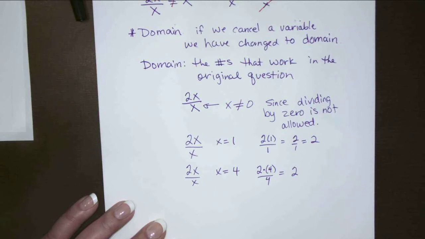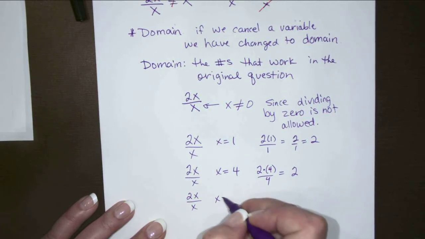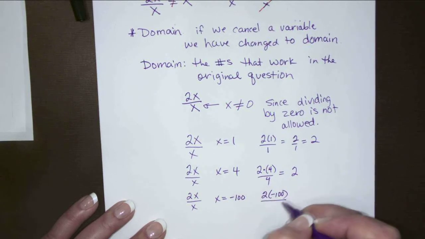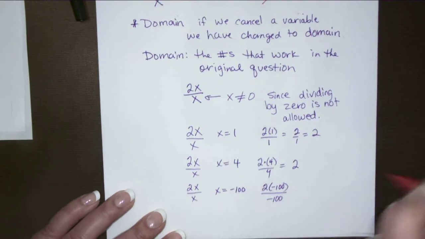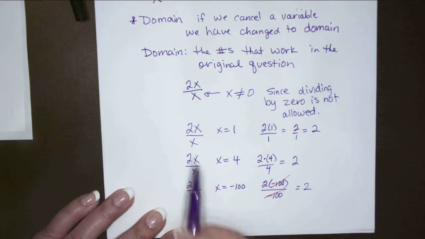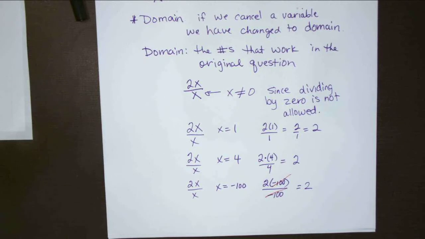No matter what number I plug in, if I plugged in x as negative 100, I get 2 times negative 100 over negative 100. The negative 100s cancel, and I still get 2. So the answer to this is 2 for every x that we can plug in, except 0. We can't plug in 0.